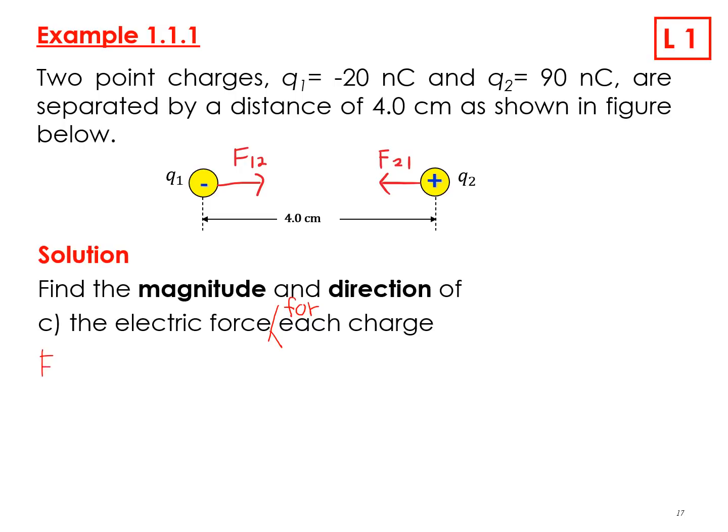We notice that the electric force on charge 1 due to charge 2 is 0.01 Newton. The electric force on charge 2 due to charge 1 is also 0.01 Newton. So the answer for electric force for each charge is 0.01 Newton.